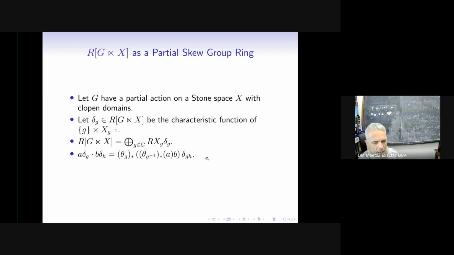So sorry, is this... I mean, if I take r of x as you defined it before, right? So you have a partial action of G on r of x. Yeah.